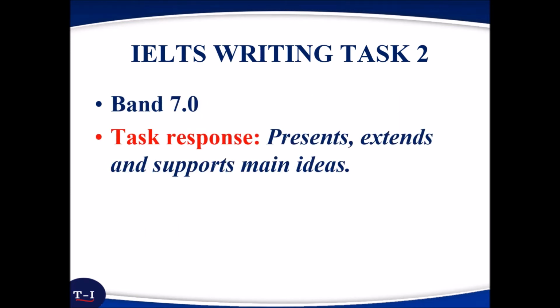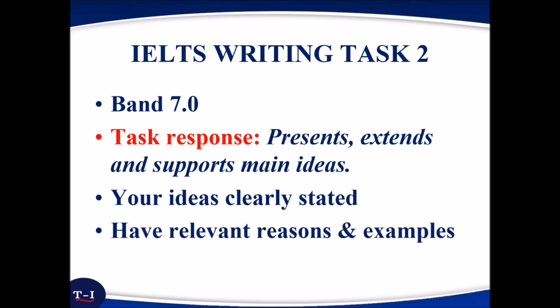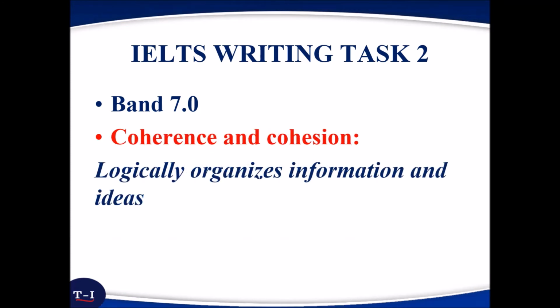For example, band 7.0 in task response, you need to present, extend and support your main ideas. So this means your ideas are clearly stated in your paragraph and have relevant reasons with examples. For cohesion and coherence, band 7, you must logically organize information and ideas.